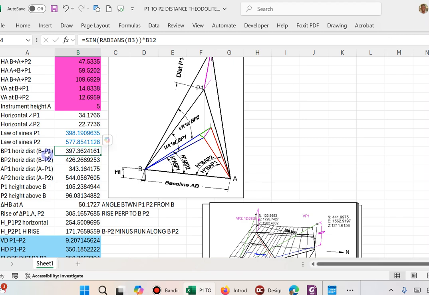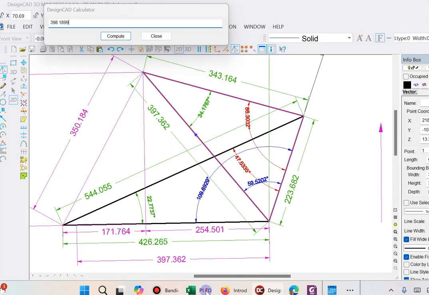All right, so now the horizontal distances, you're going to calculate these horizontal distances, and then I'll show you how to do that.